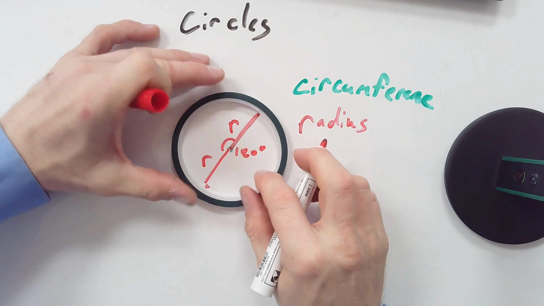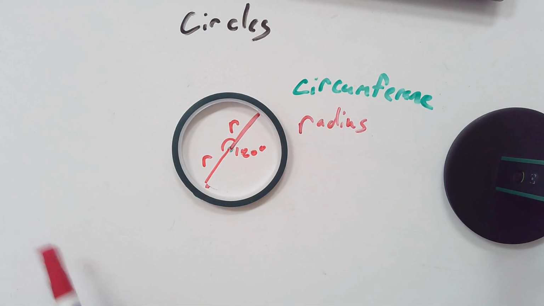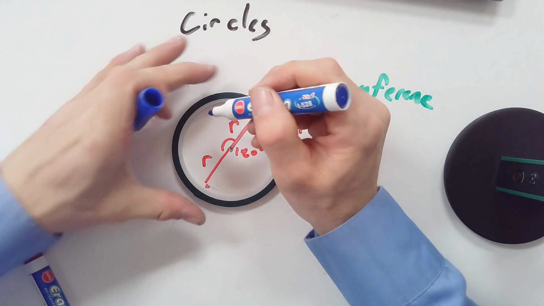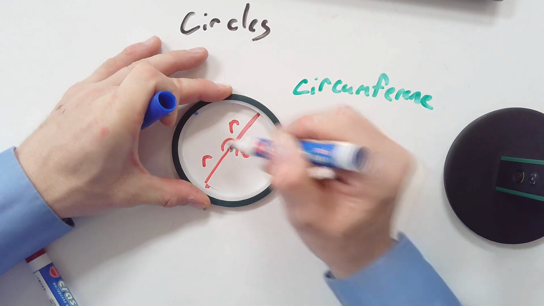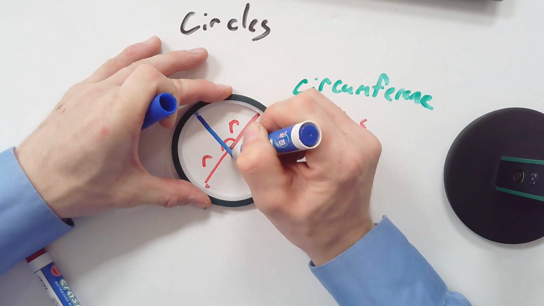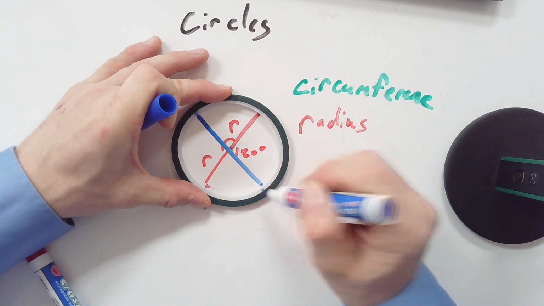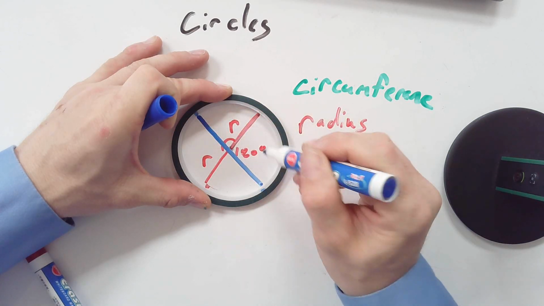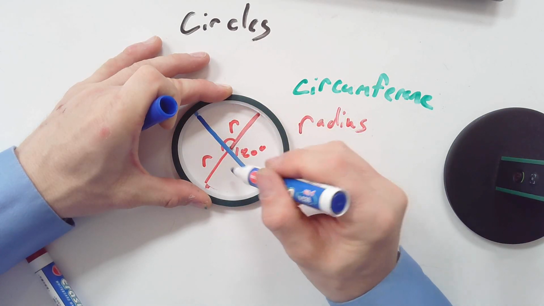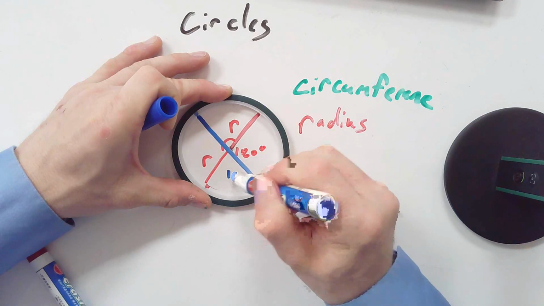Well, if I take one point on a circle and another point on a circle that passes through the center point, it's the same thing as that. It's two radii, but it's also one diameter.